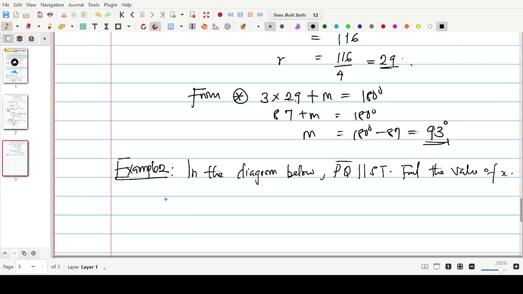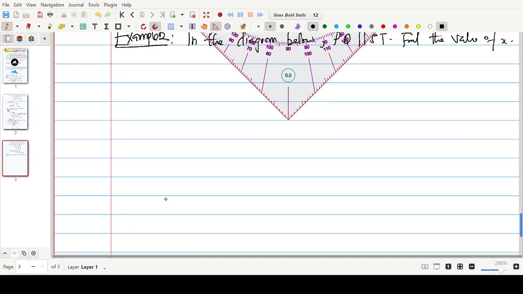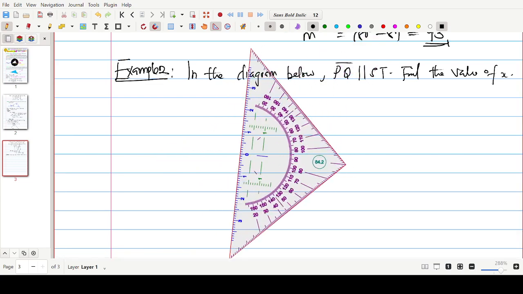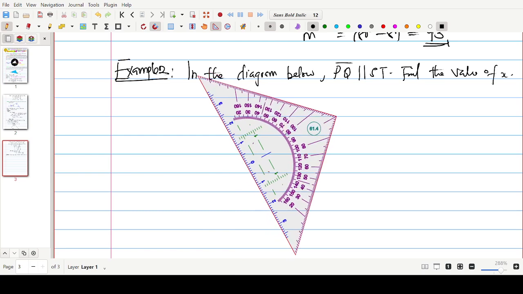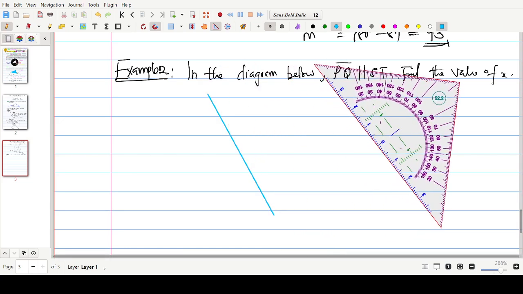So let us draw the figure they are referring to. This time around, I will use a different color. Let me use this color. So we have a line this way, then we have another line coming in this manner.